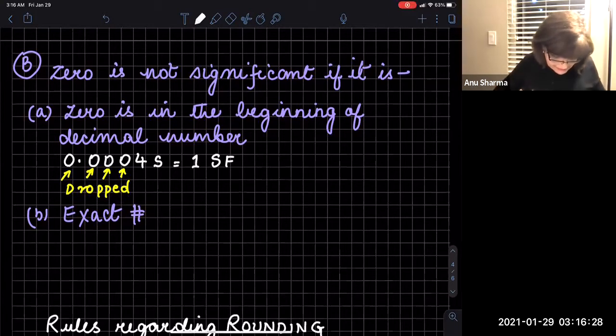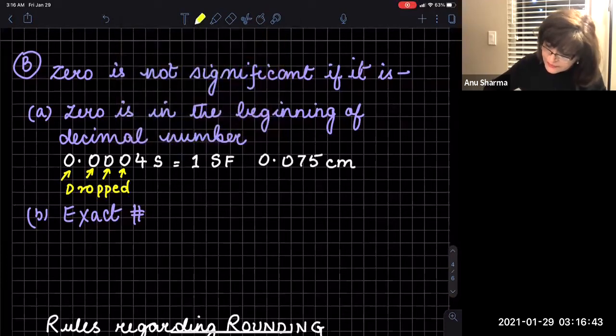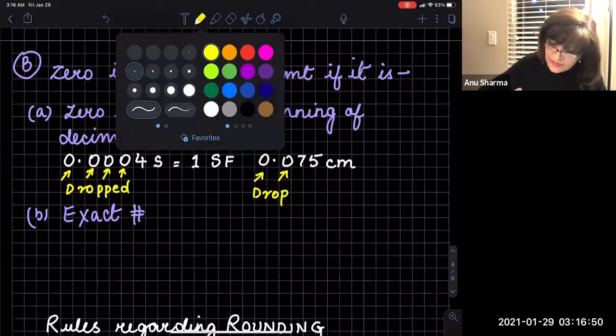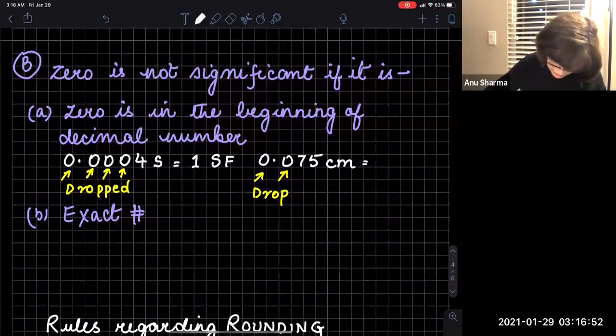Okay, next, let's look at another example of 0.075 centimeter. Okay, so here, again, you're going to drop these zeros. And so when you drop them, then you're only left with two significant figures.